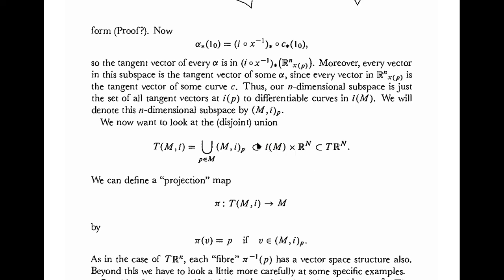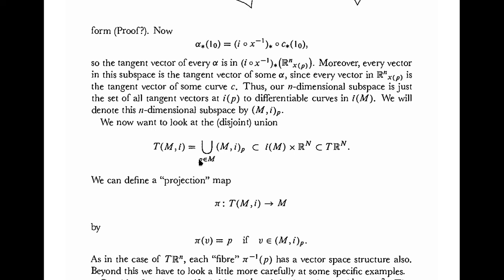So here, this is a subspace of I of M, where I is your chart map, cross Rn, and this is a subspace of the tangent space of Rn, right? So of course these are tangent spaces, but they're not really talking about it directly; these are subspaces of those.